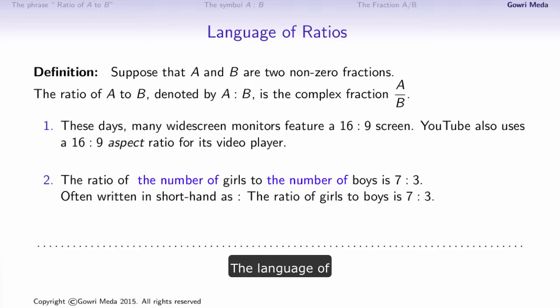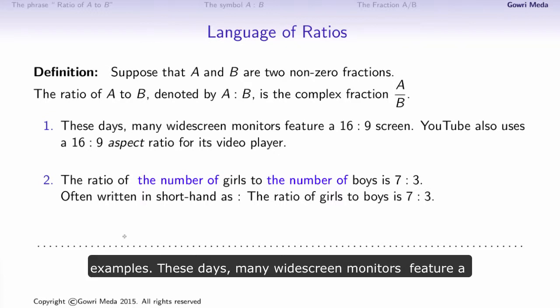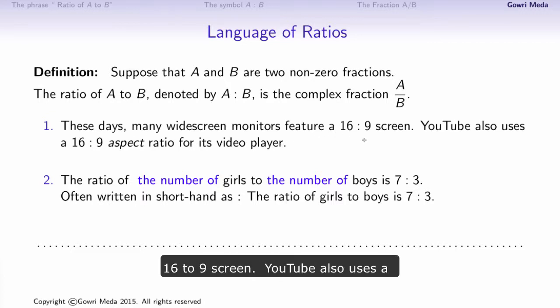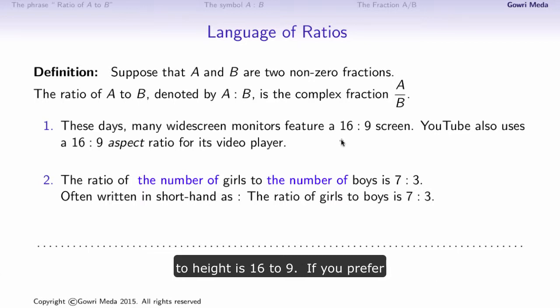The language of ratios is useful and is in fact used in many contexts. So here are two easy examples. These days, many widescreen monitors feature a 16:9 screen. YouTube also uses a 16:9 ratio for its video player, and sometimes this ratio is called an aspect ratio. What this means is, for the image of the screen, the ratio of width to height is 16:9.